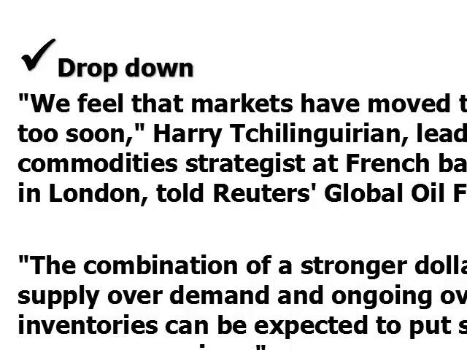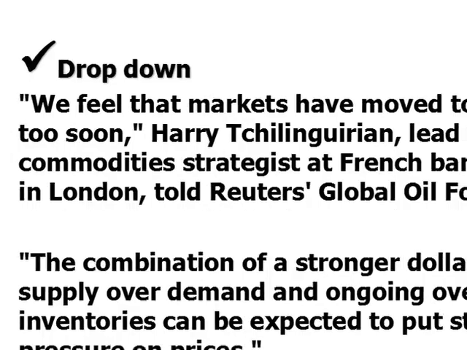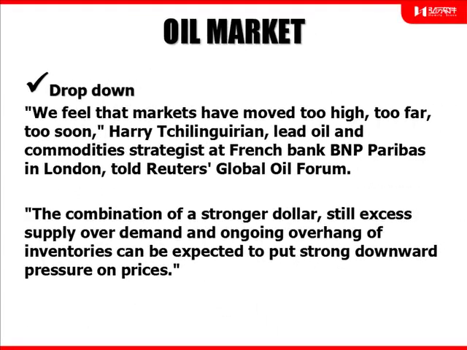And he also added that the combination of a stronger dollar, supply still exceeding demand, and ongoing overhang of inventory can be expected to put strong downward pressure on price, because we all know oil price depends on supply and demand.